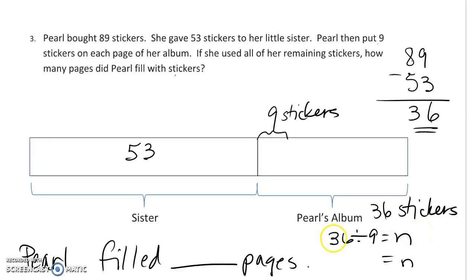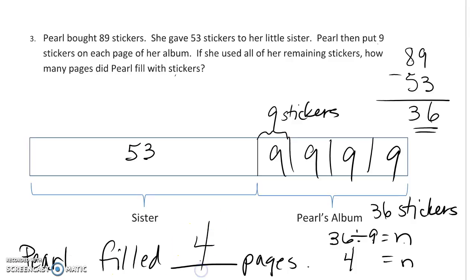Well, using that strategy from a couple lessons ago, the tens digit is a number minus 1. So that's got to be 4. 4 times 9 is 36. Right. Oh, that's it. So this is 9, 18, 27, 36. So Pearl filled 4 pages.